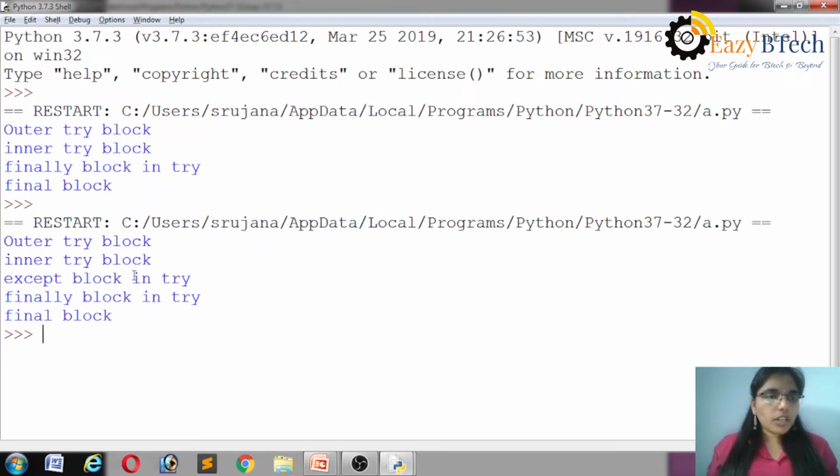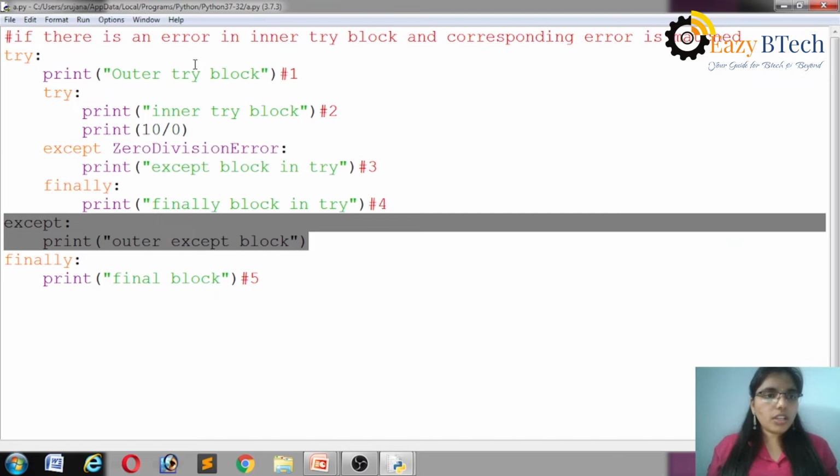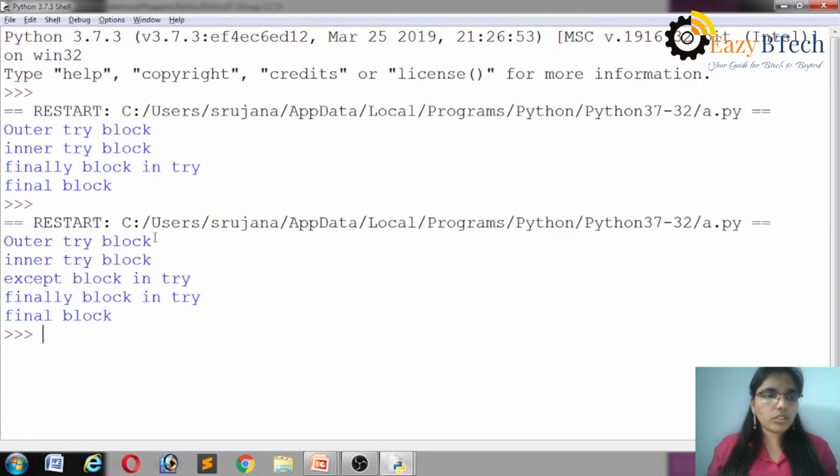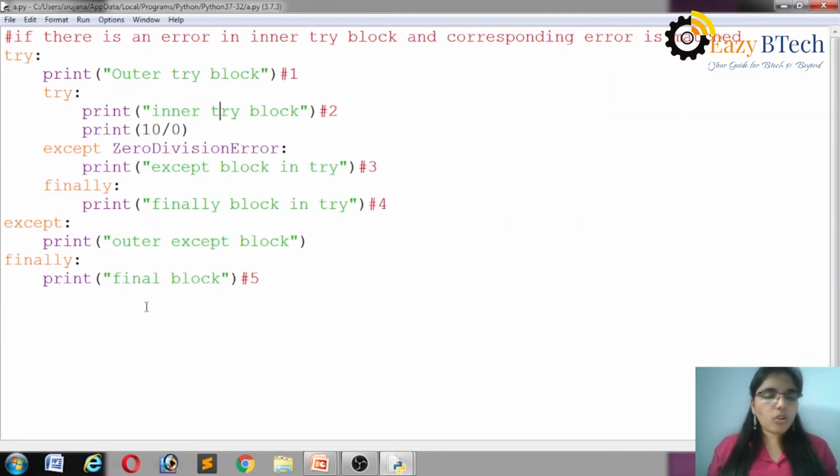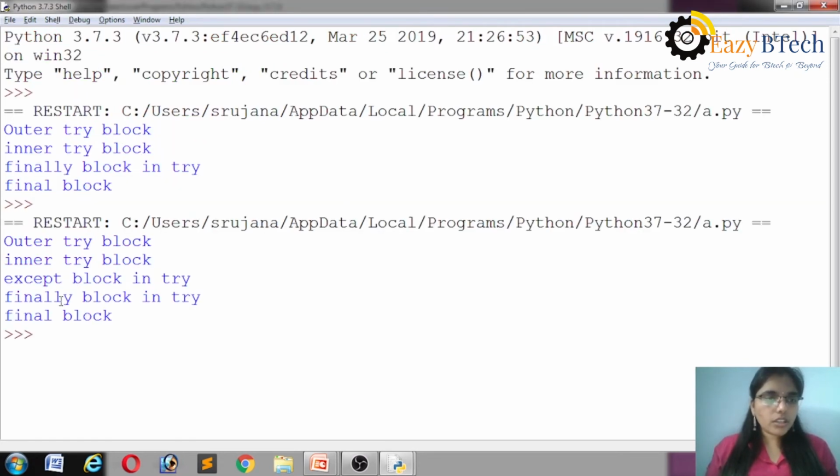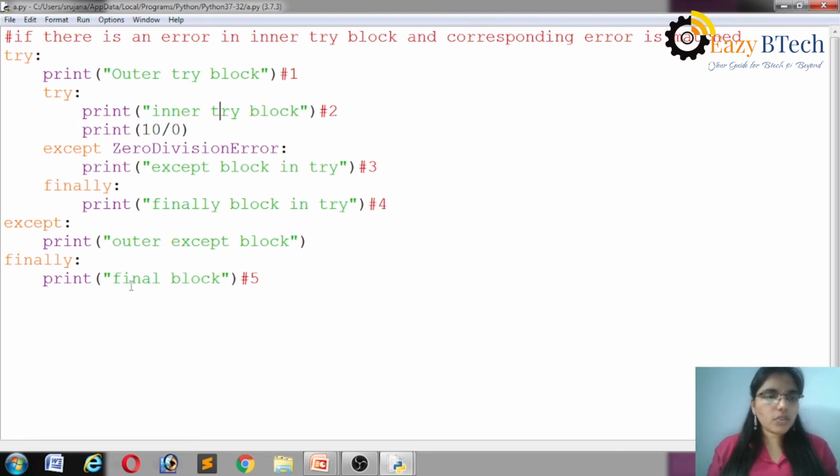Totally 5 statements are executed: outer try block, inner try block, except block in try, finally block in try, and finally block.